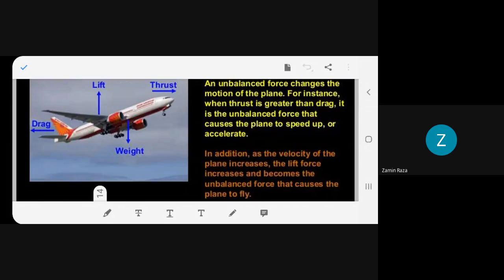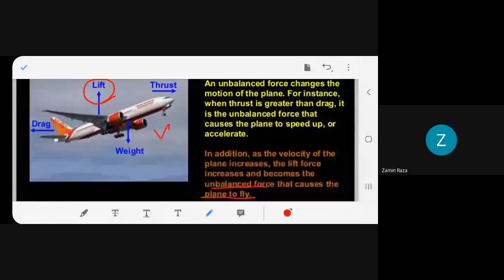When the velocity increases, the lift force also increases because the plane is going up. And what happens? There is an unbalanced force, and the plane starts to fly. Did you understand the logic behind a plane flying in the air? This is how the plane flies. Any problem?